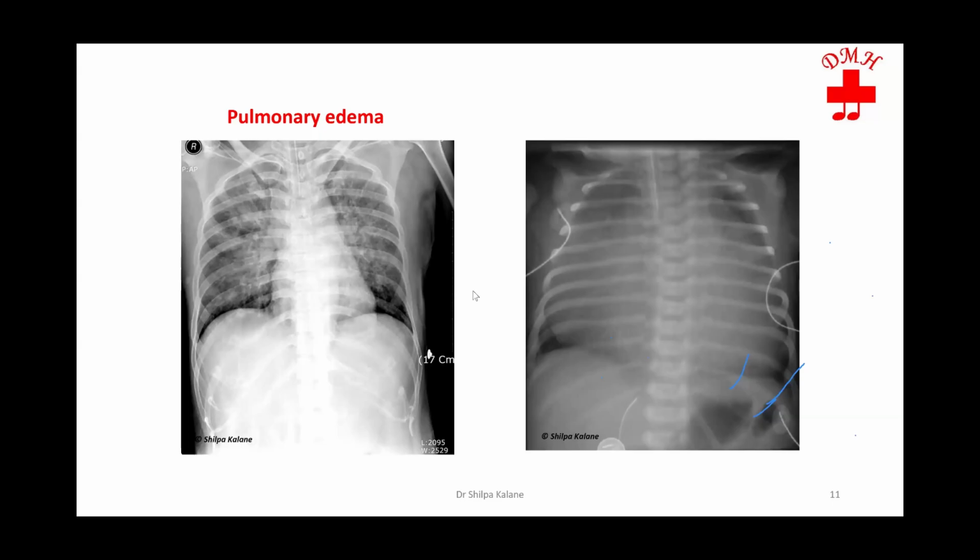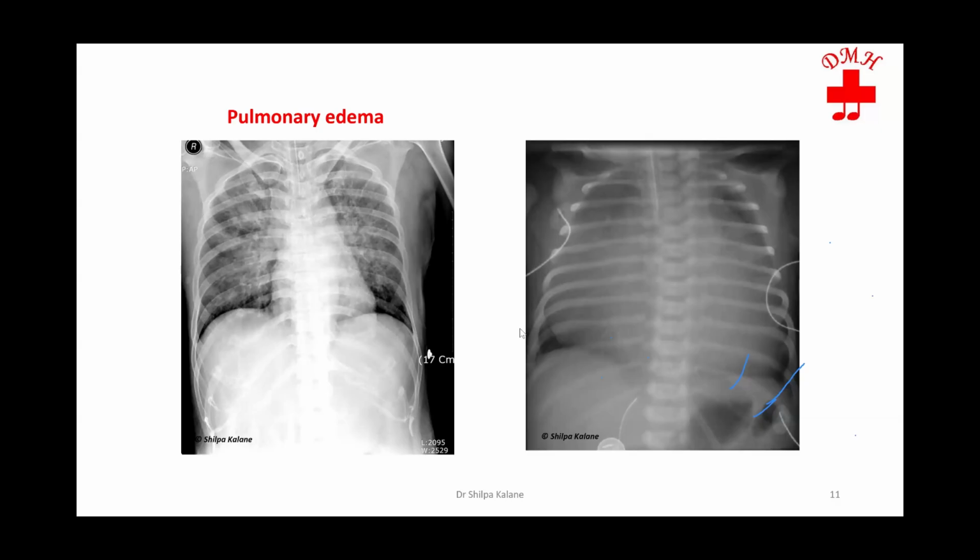Now, what about this X-ray? Differentials. What is this X-ray? Can you see any lung parenchyma in this X-ray? HMD, TAPVC.